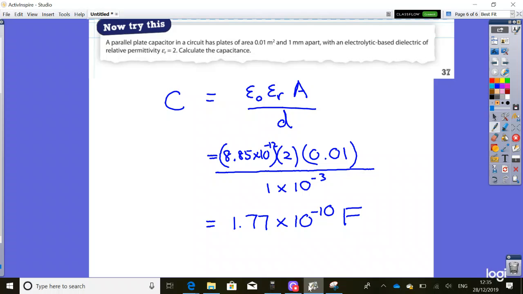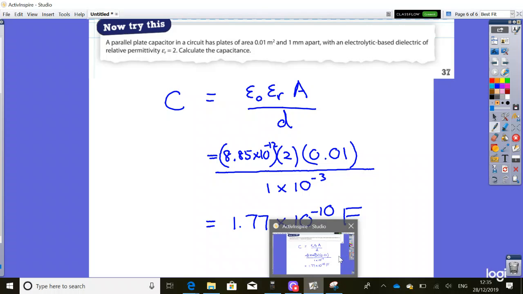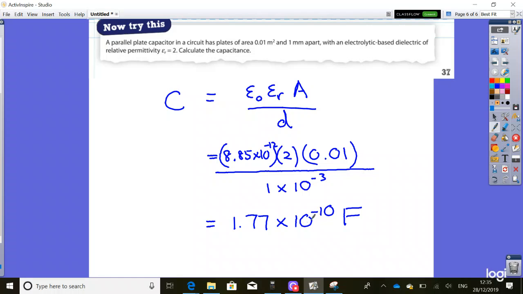Now, this is something we do additionally at university or at A level. We don't usually use 10, we always use multiples of 3, because as you know, nano is 10 to the minus 9. So we can make that bigger, because minus 9 is bigger than minus 10.